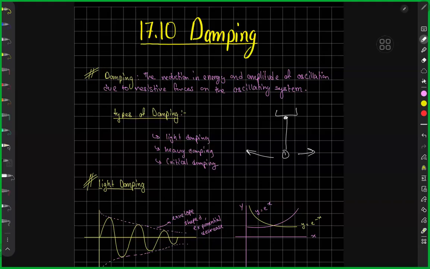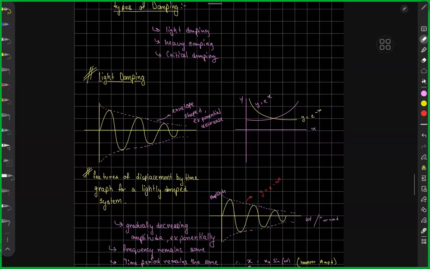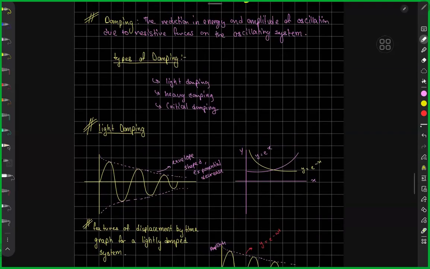And there are several sorts of damping: light damping, heavy damping, and critical damping. So let's say I want to talk about light damping. What is light damping? Let's say I go back to that same image. Light damping is basically a sort of procedure where you want the bob or the oscillation to come to a stop eventually. Not immediately, but eventually. How so? Let's say this is the maxima and this is the other maxima on the left and right.